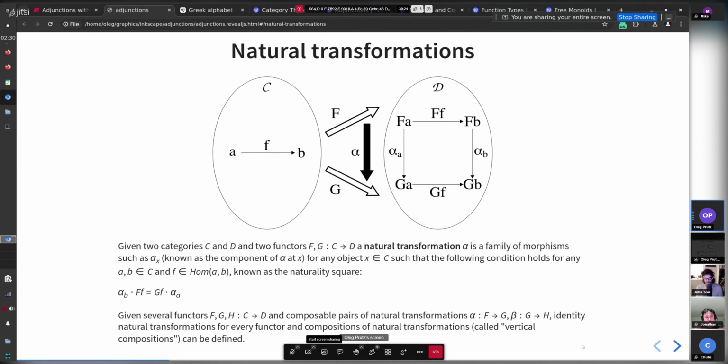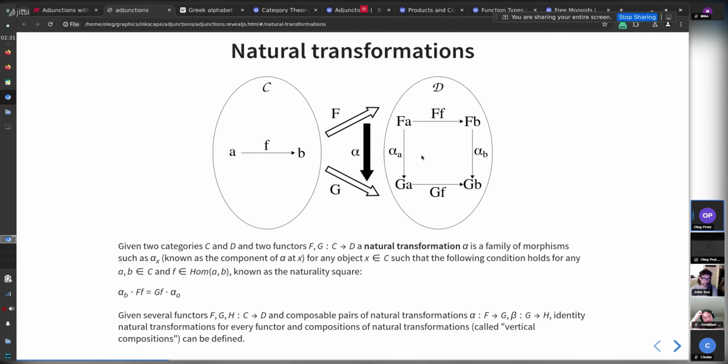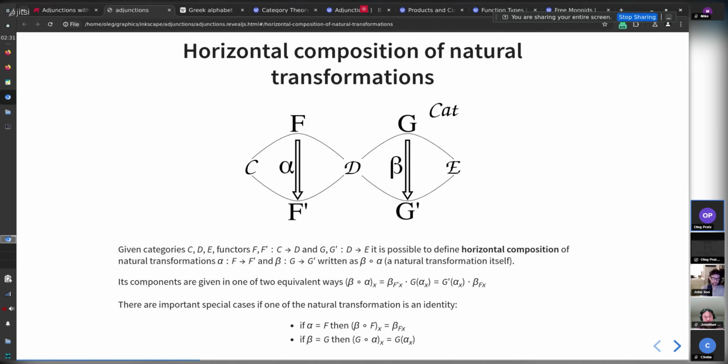Okay, so you can have composition by composing the component morphisms component-wise, right? And you can also have identities, so also component-wise identity. That kind of composition is called vertical composition. And that is important because there is another kind of composition.